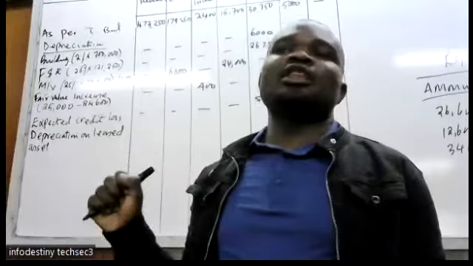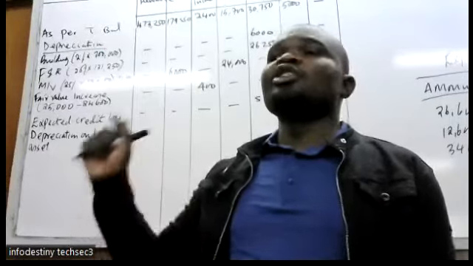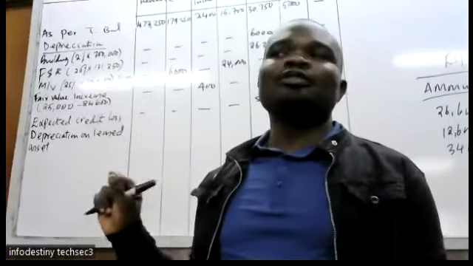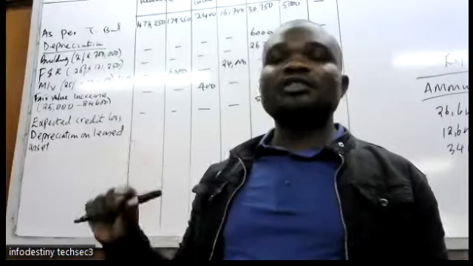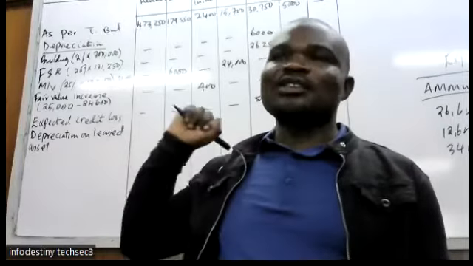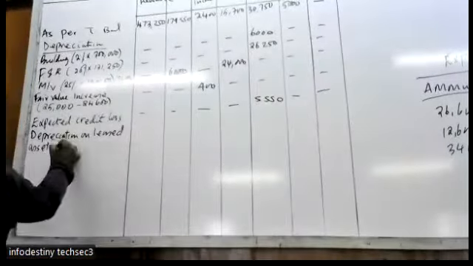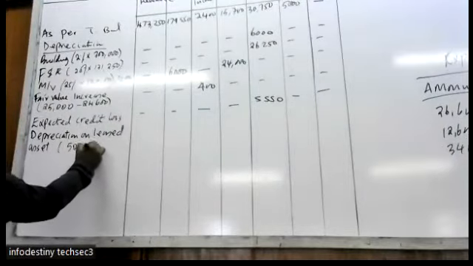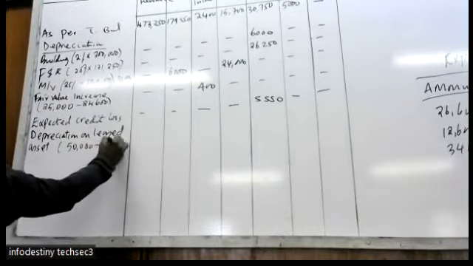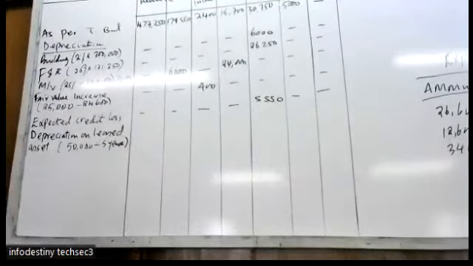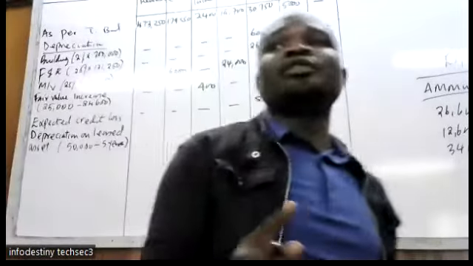And the lease is going for how many years? 5 years. It means they're supposed to pay a total of 50. So it means the value of the leased asset is how much? 50. So depreciation will be 50 divided by how many years? 5 years.